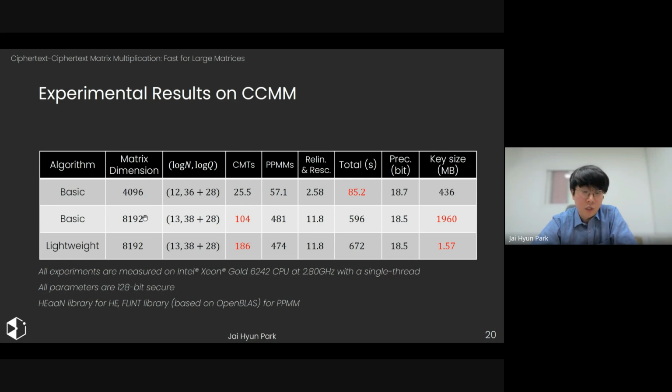We also have the lightweight algorithm for large matrices, and in terms of key size, the improvement of the lightweight algorithm compared to the basic algorithm was significant. The lightweight algorithm was a bit slower than the basic algorithm, but overall the scale is similar.